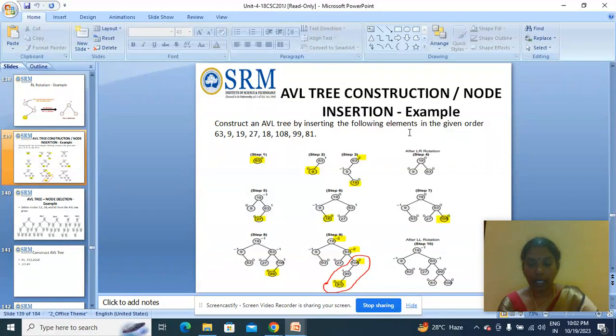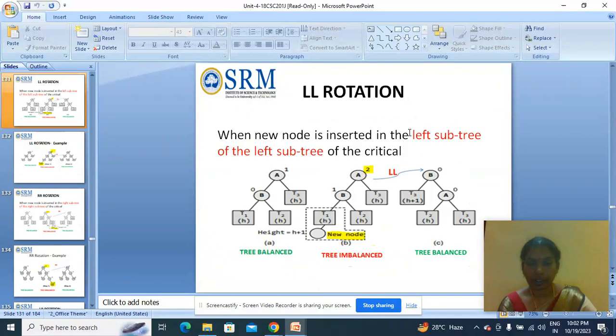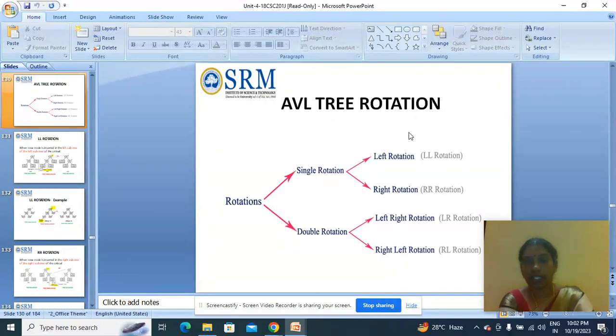I will show that also. So these are the rotations in the AVL tree. Single rotation, two cases. Left rotation, left subtree of left child, and right rotation, right subtree of right child. If it is the LL case, we have to rotate the tree one step clockwise.